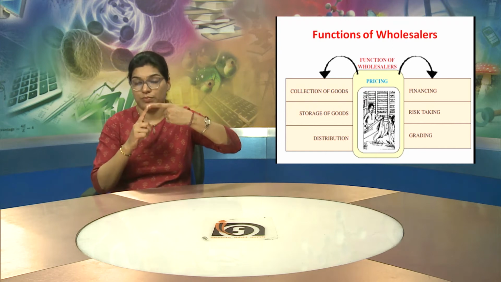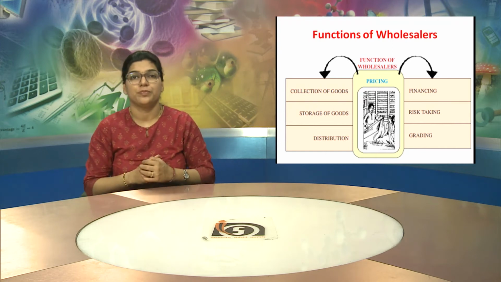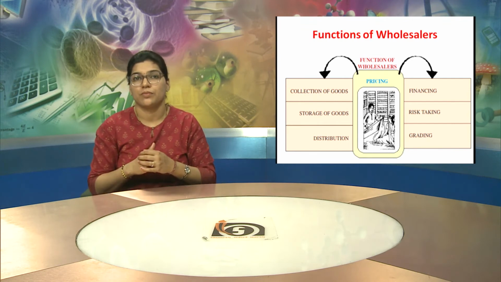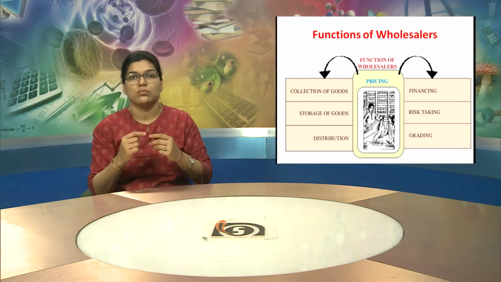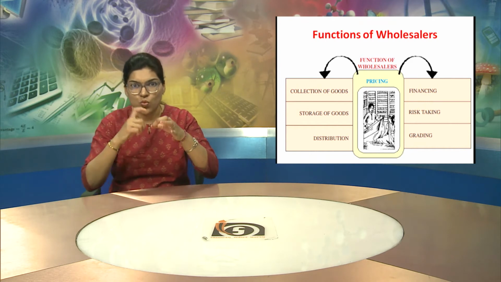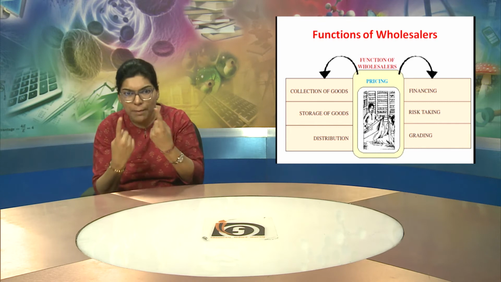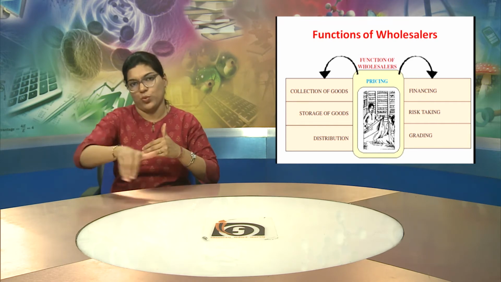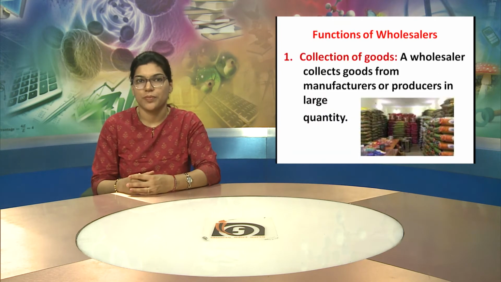On the right side, the first one is financing. Next is risk taking. And the last is grading. There are different functions of the wholesaler. Let's explain in detail.